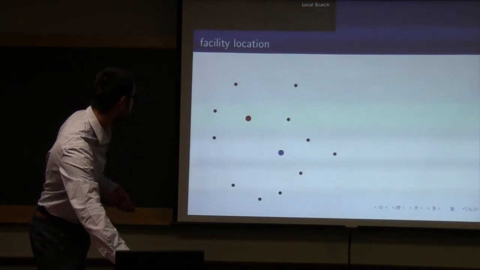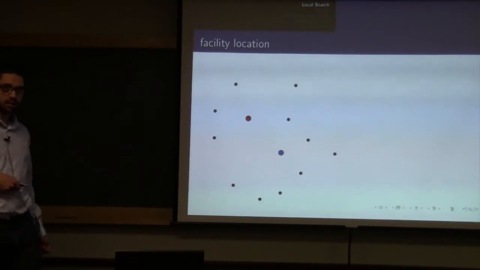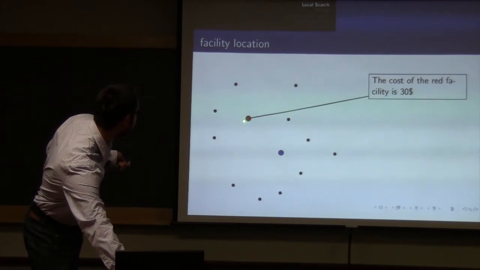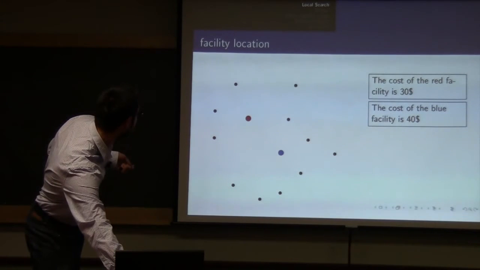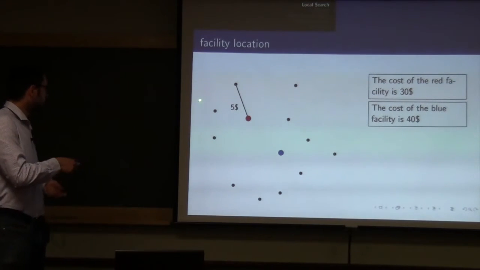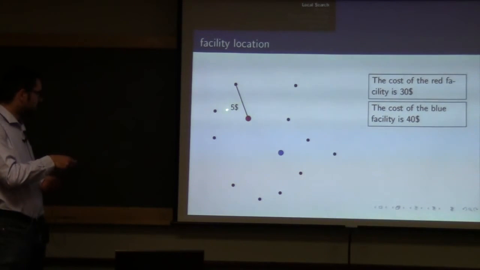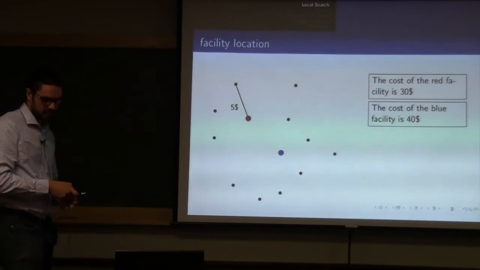So here we decided to build two facilities, the red one and the blue one. The cost of the red one is $30, the cost of the blue one is $40. And now for each client, we connect this client to the closest facility, and this distance is measured, and here this distance is $5.